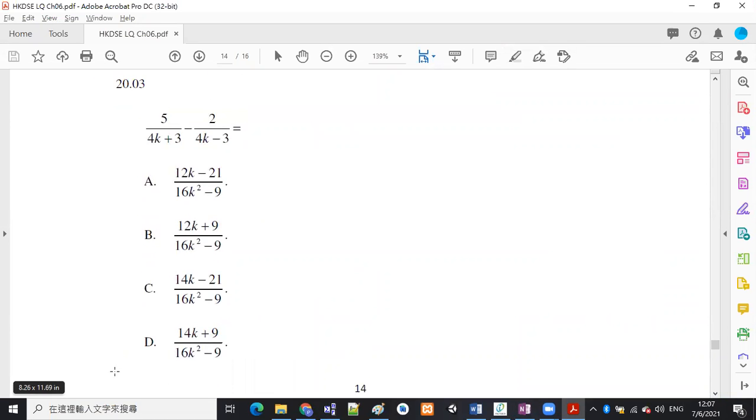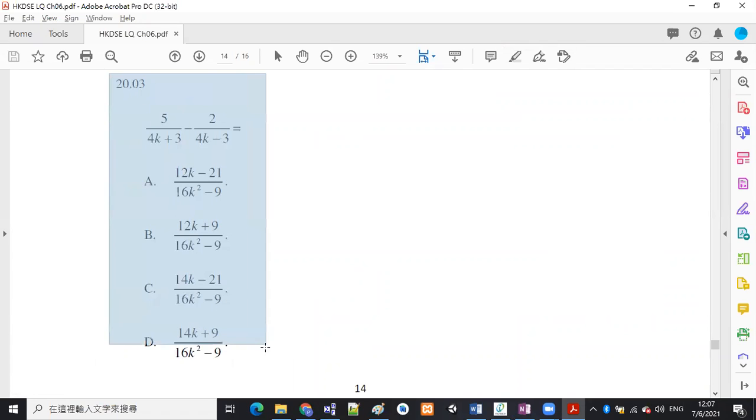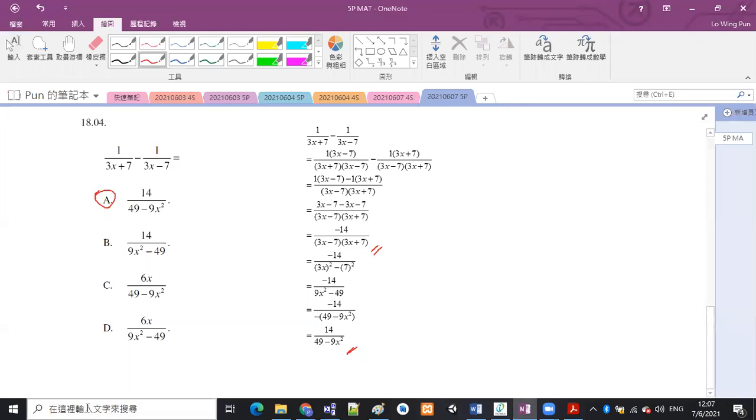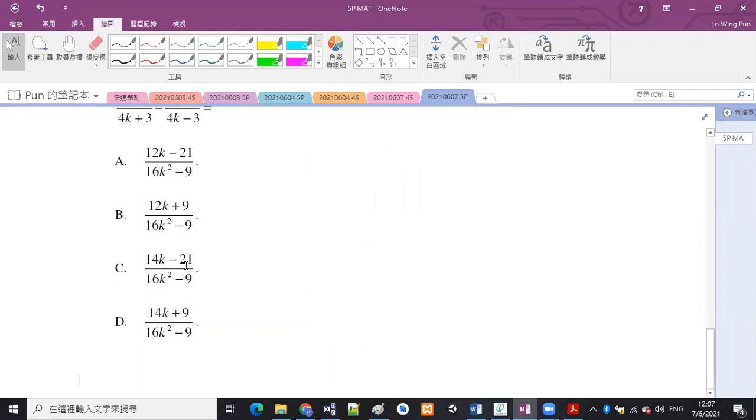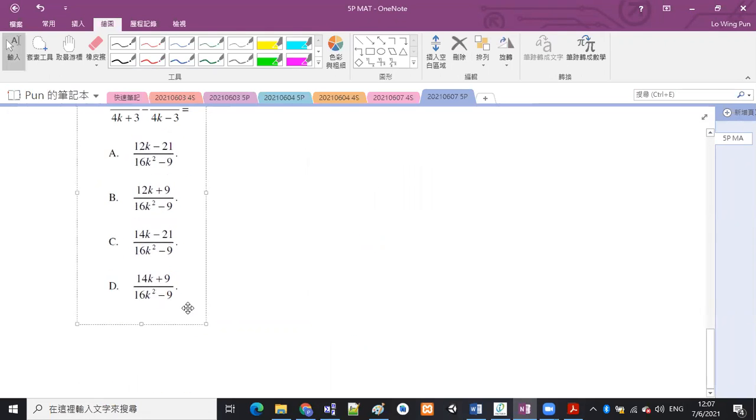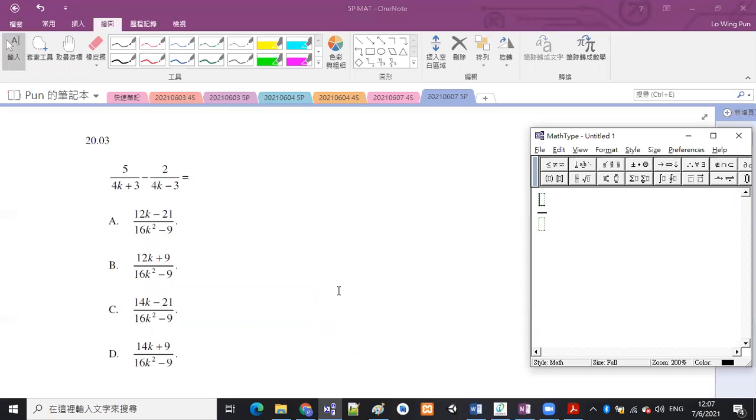Next one, this one 20.03. And again, two fractions are doing subtraction, and check one time that the denominators do not have common factor to be taken out or cannot be factorized.